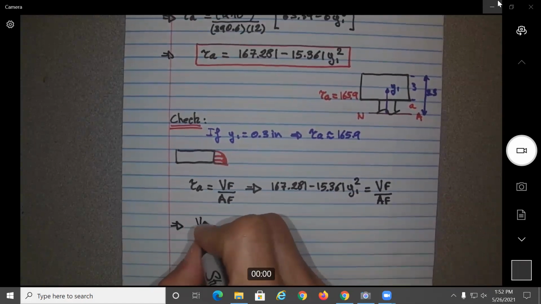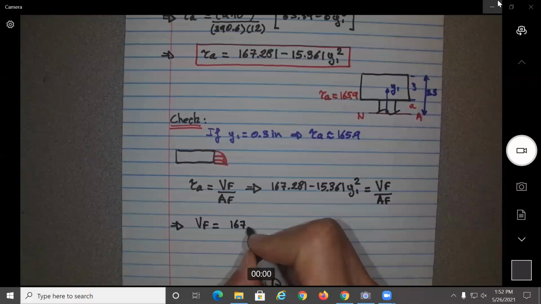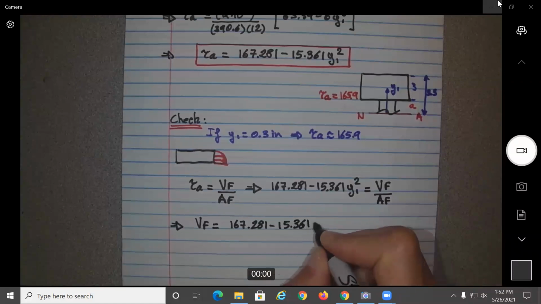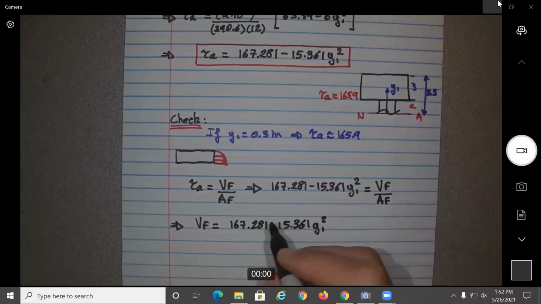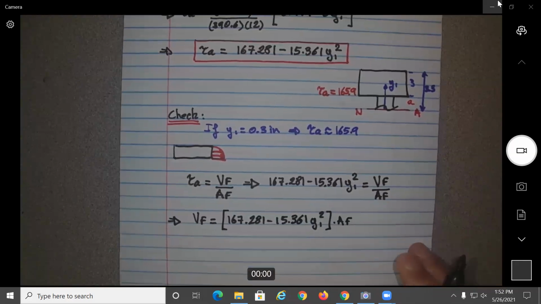We can find that the force of the flange should be equal to 167.281 minus 15.361 y sub 1 squared times A sub F.